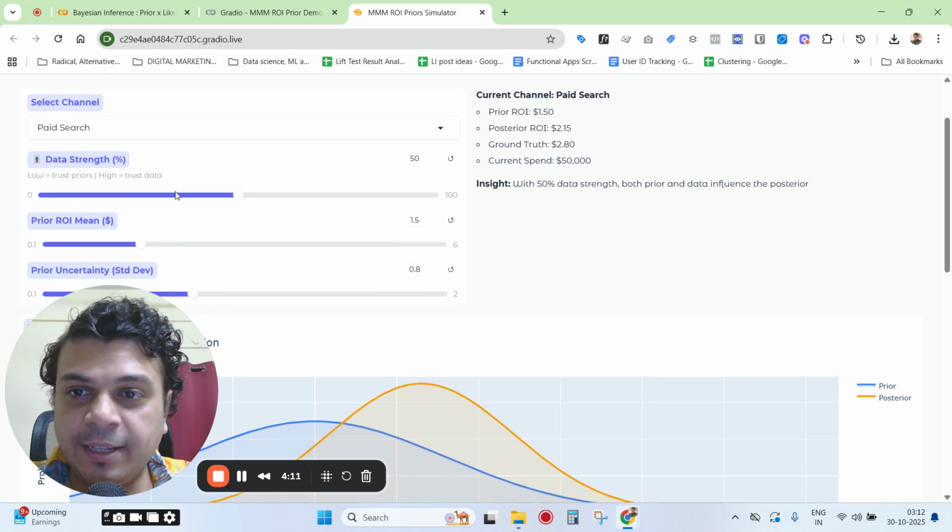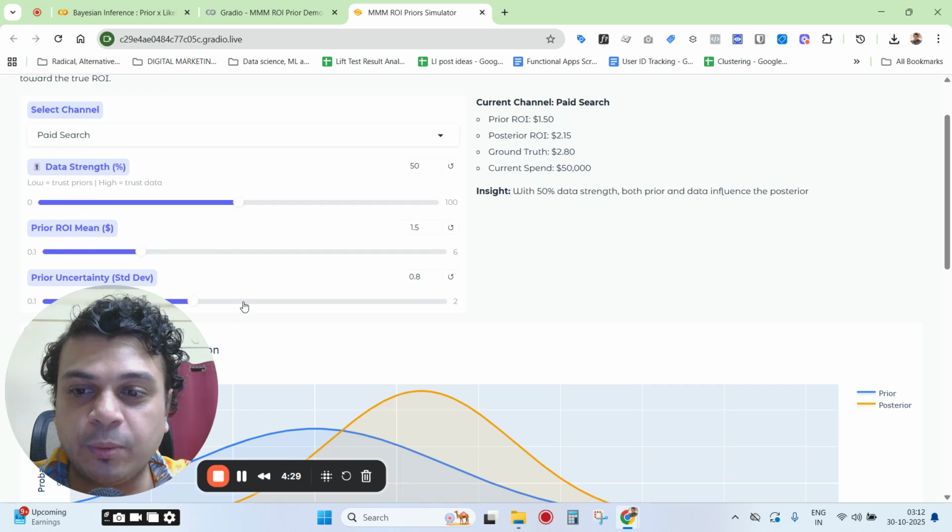So you'll see the data strength here. This is not exactly how the models work, but this is just to illustrate how it is working in the back end. The net effect is whether it is going to get pulled towards the data or the prior. That's something that's derived from the model.